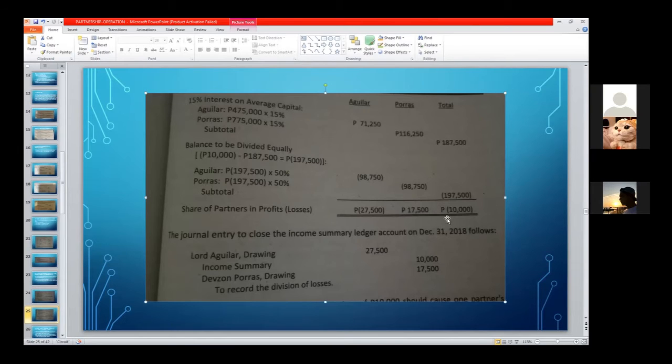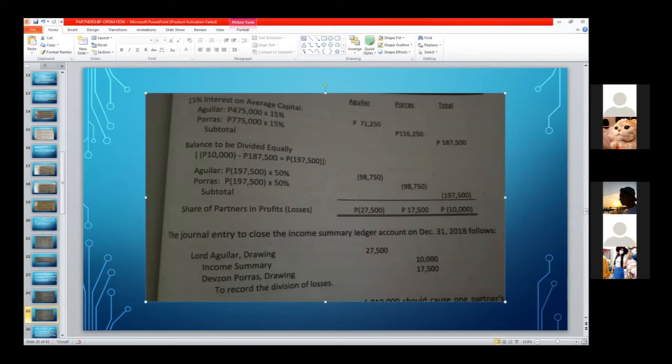So kaya tatandaan nyo kapag meron tayong loss, di ba? Tatanong nga ako, sige. Wency, pwedeng paki-unmute saglit. Okay, so kapag meron tayong loss, anong side siya ng income summary?